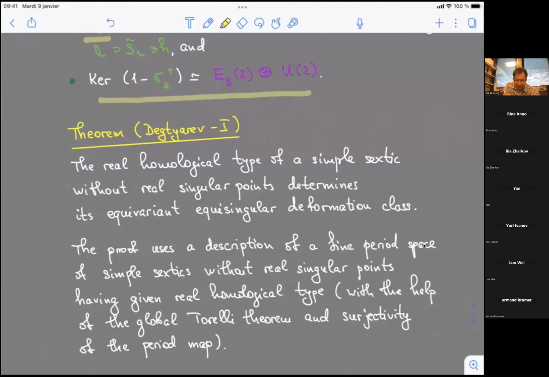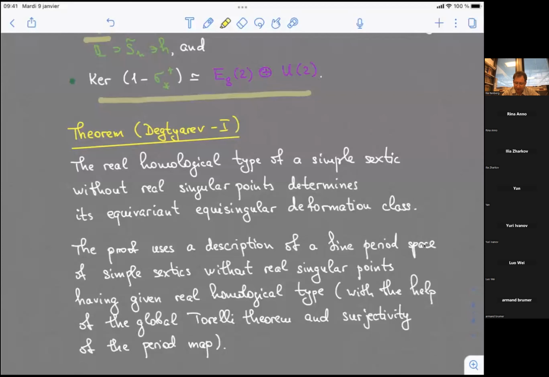This statement works under the assumption that our sextic is simple, real, and does not have real singular points. Of course, if my real sextic is empty, I don't have real points at all, so in particular I don't have real singular points.